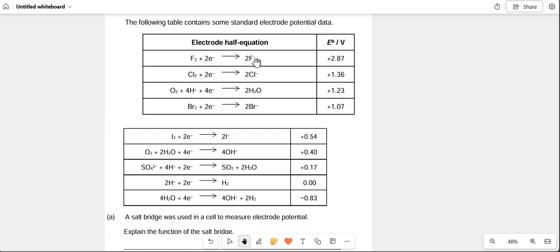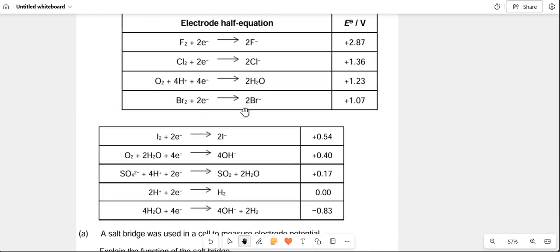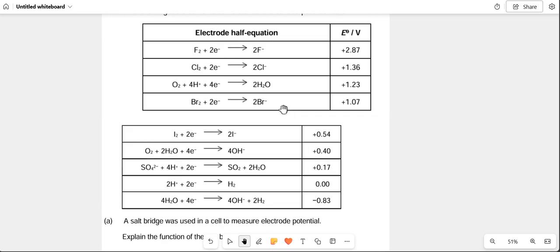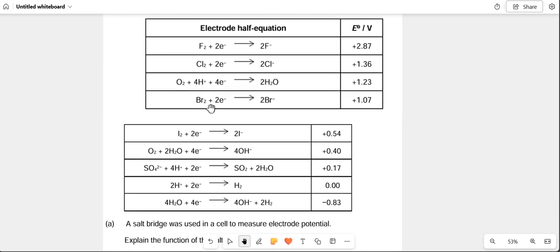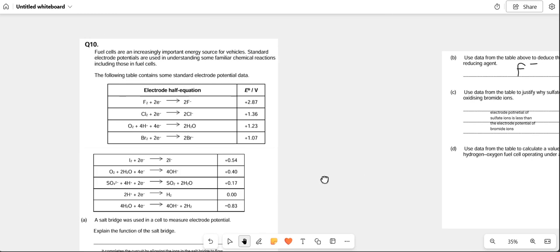The F minus here is a very weak reducing agent, but this is the opposite way. The more you go down, the stronger it is. Br2 goes to that, it has a strong reduction there, so why would it oxidize that backwards if it has a stronger reduction going forward compared to the reduction of sulfate?